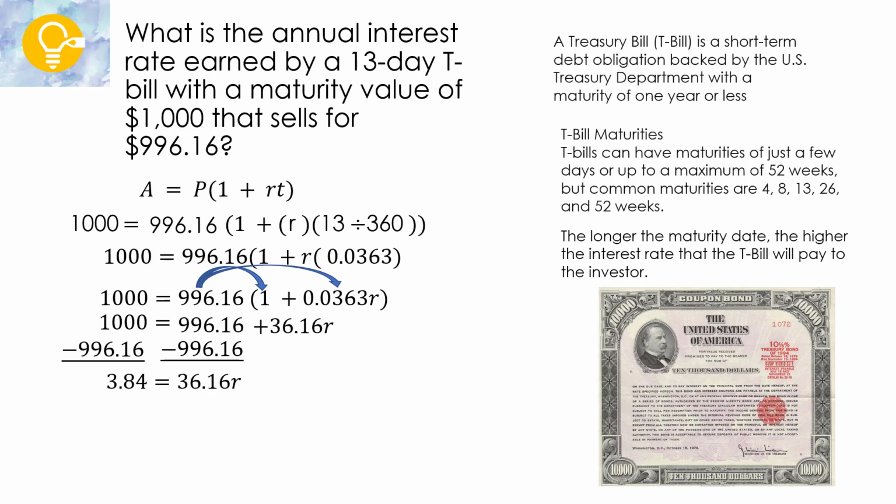That gives us $3.84 equals 36.16 R. To get R by itself, we divide, and we end up with 0.1061. Now R has to be a percent, so we're going to move 2 places to the right, and we end up with 10.6%. Now you try saying all those numbers over and over and over. Anyway, good job.